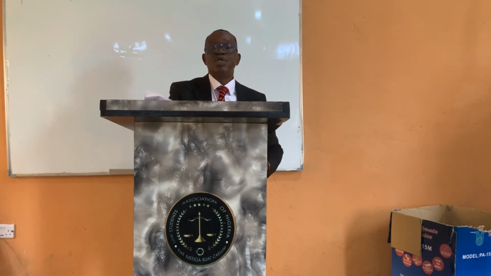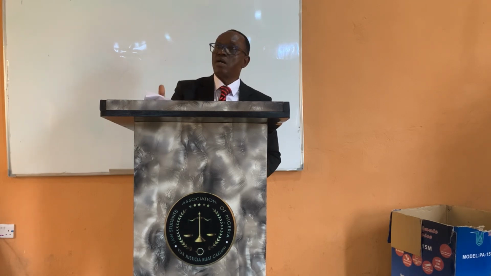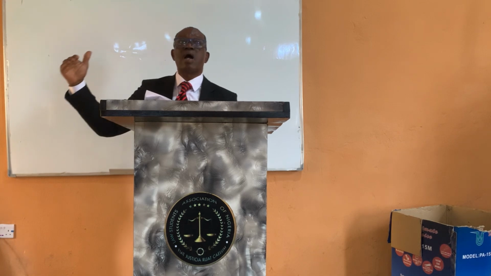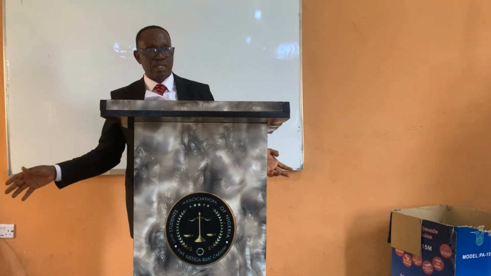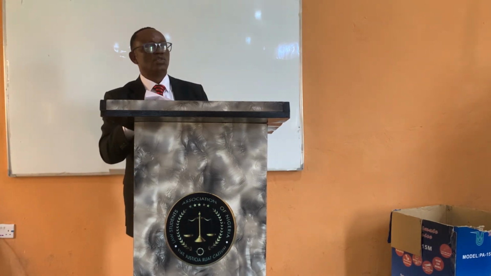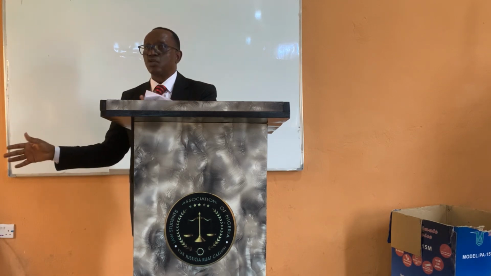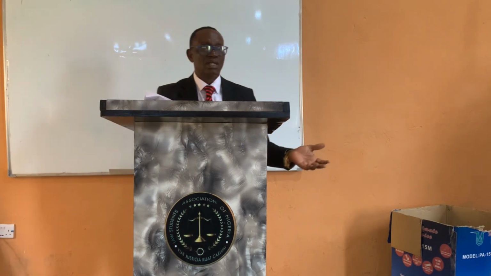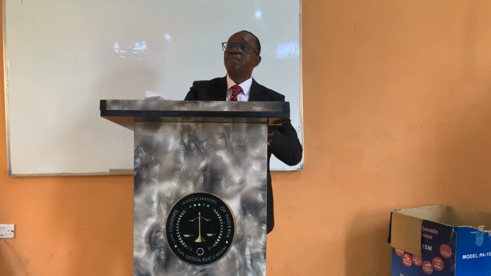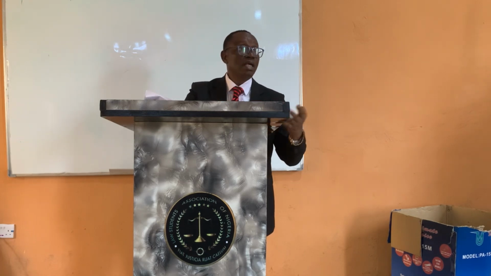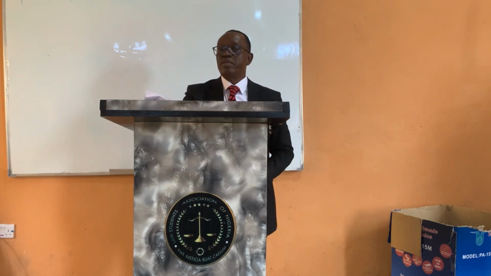Then after that, you count your issues for determination. After counting your issue for determination, you go over to do what? Legal argument. On your legal argument, you now look at the relief sought. Relief 1, has he proven it? You make your own argument based on the facts and evaluated evidence of witnesses.